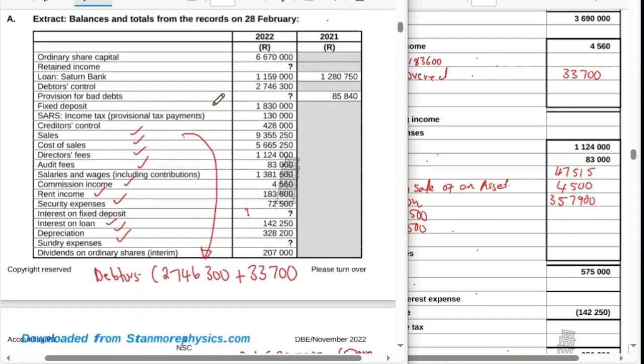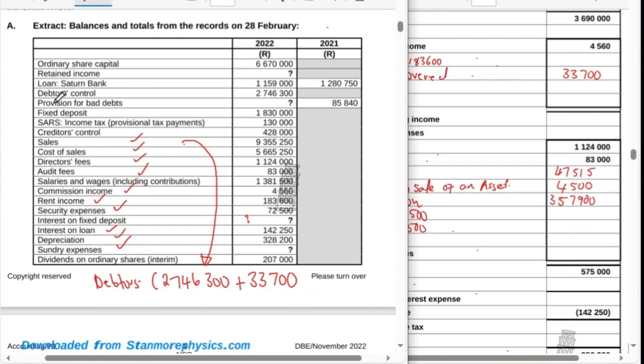So under our debtors control, we have this amount at the end of our financial year, 2 million, which is recorded there. And then there was this error that needed to be rectified or corrected, and then we have corrected that error. And then at the end, our debtors amount is equal to what?